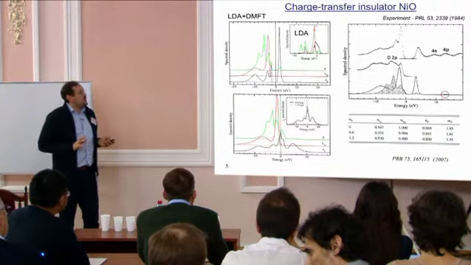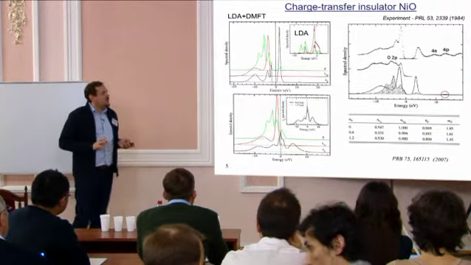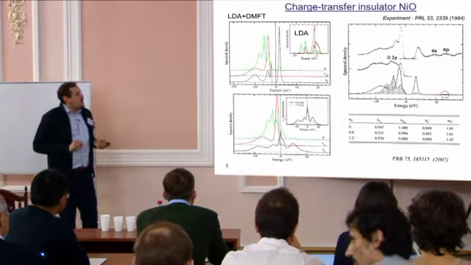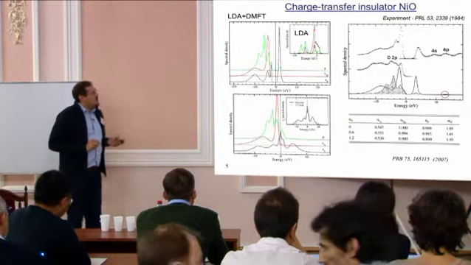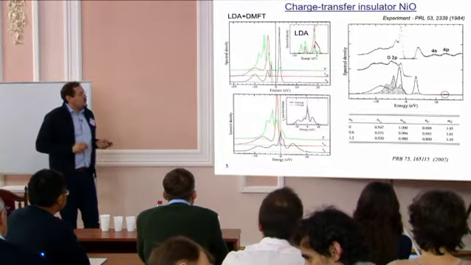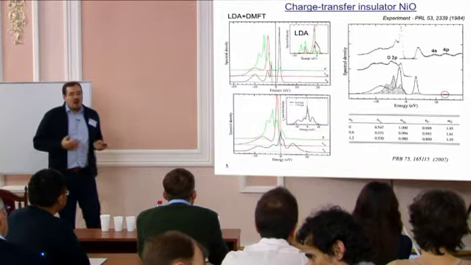These results were obtained in 2007 for nickel oxide, and in that paper the LDA plus DMFT method was used to reproduce the charge transfer nature of an insulator in nickel oxide.